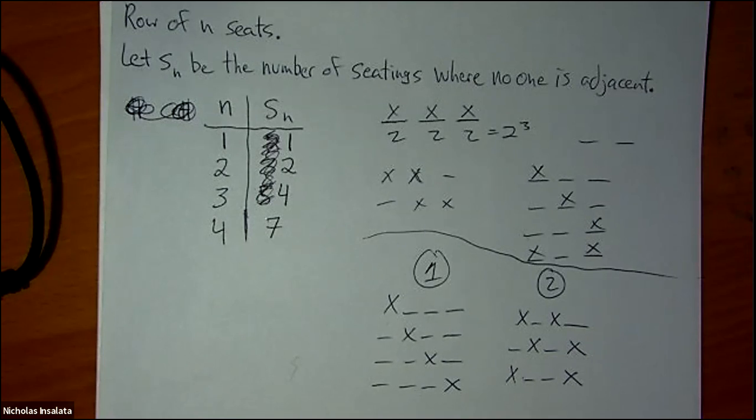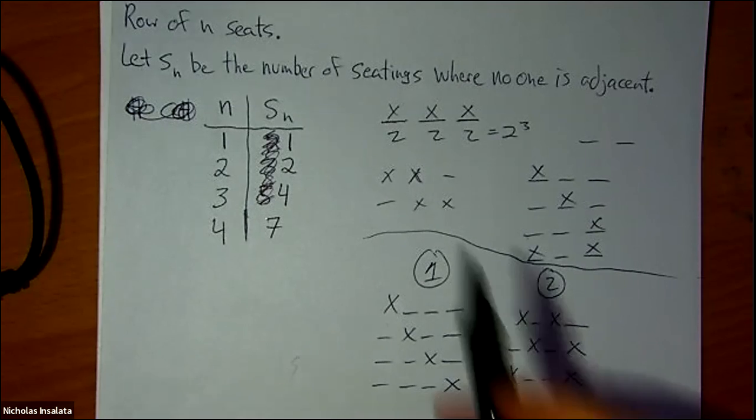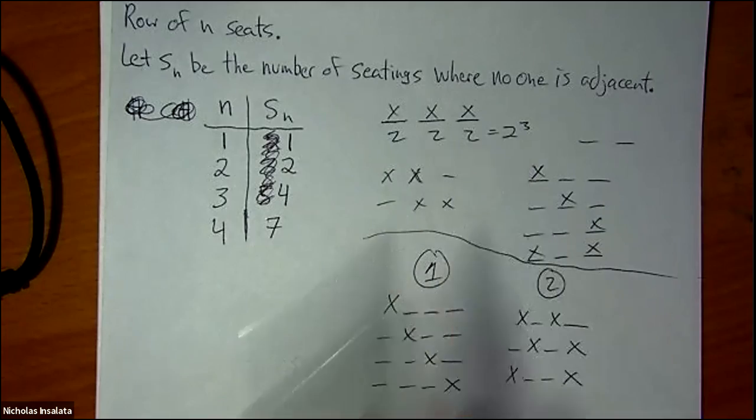Okay, so I like your idea of looking at, the whole idea of a recurrence relation is you start with the old stuff and you add something new. You add one more thing onto it and see what happens, right? So I like your idea there, but let's go through that carefully. Now, do we want to add a new person at the front of the row, or should we add a new person at the end of the row?